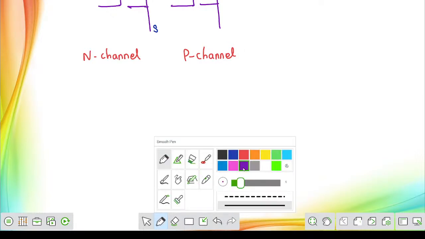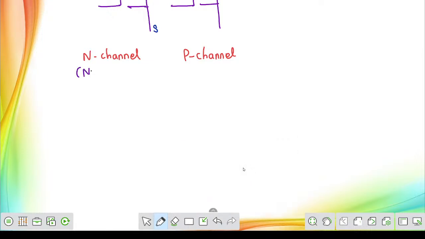The second symbolic representation has no bulk semiconductor. That is what you must remember about the second symbolic representation.